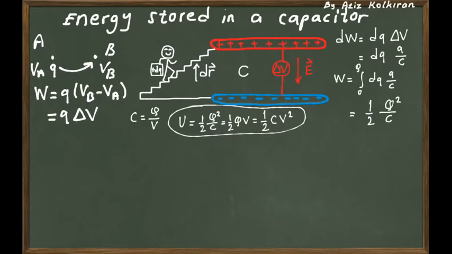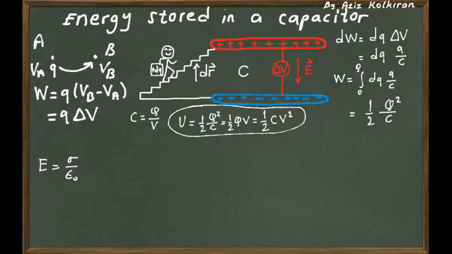But what about the electric field? You can also express the charge density in terms of the electric field, or the electric field in terms of charge. So that means you can also express the total charge stored in the capacitor in terms of the electric field between the plates. We go back to the previous case, where I calculated the energy of any region of space which has only an electric field, 1/2 epsilon 0 E squared.